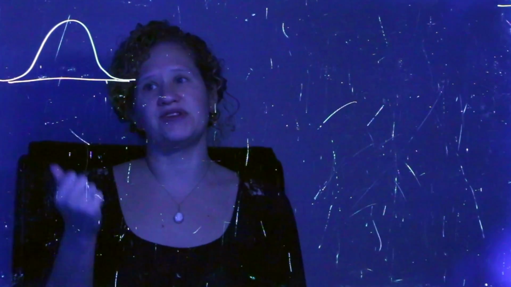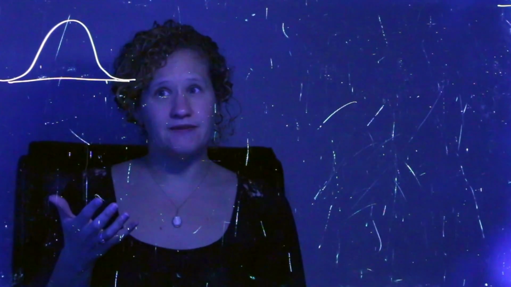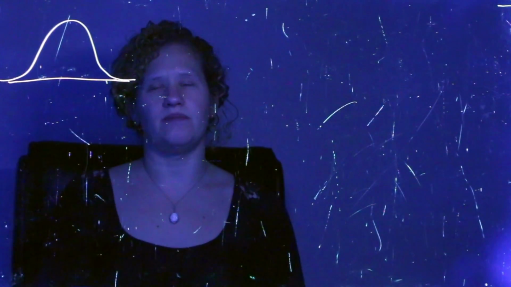What this curve is telling us is that when we study something in nature, if we study it an infinite amount of times, there's going to be a common measurement we get, which we know would be the mean, and then it's going to vary some, but that variability is going to fall off.